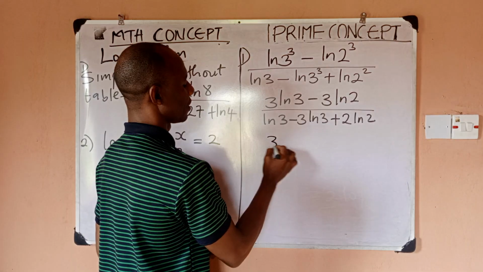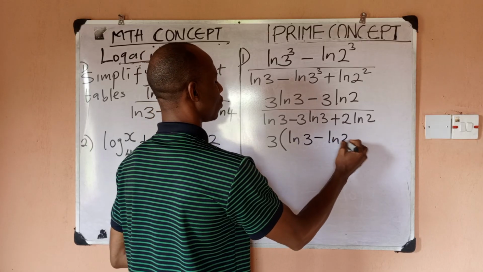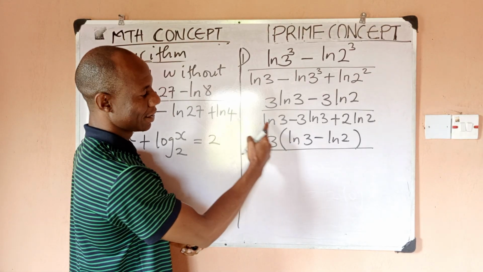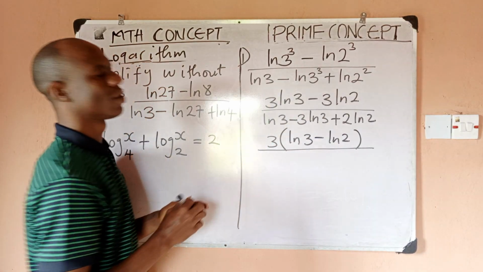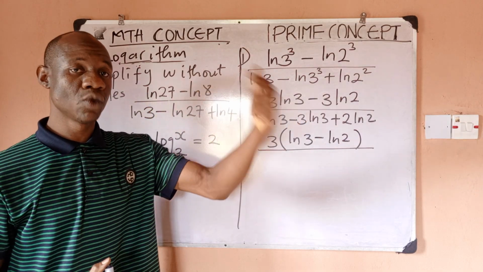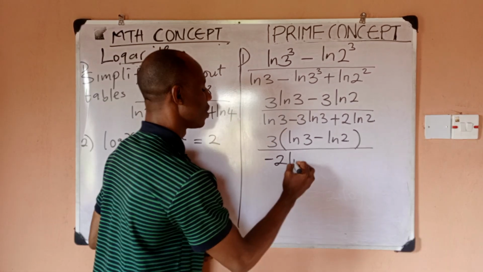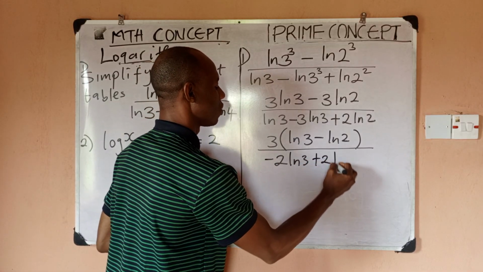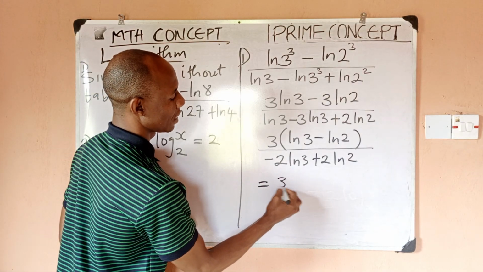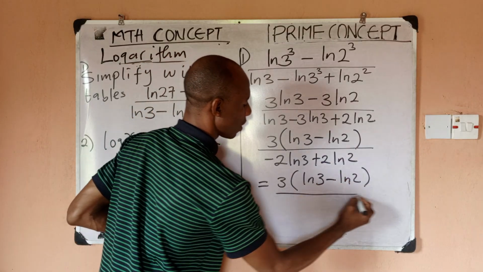So above, I'll have 3 into ln 3 minus ln 2, right? Yes, all divided by. Now, this is 1 ln 3 minus 3 ln 3. It's just like saying 1x minus 3x. What will it give us? It will give us minus 2x. So 1 ln 3 minus 3 ln 3 will give us minus 2 ln 3 plus 2 ln 2.